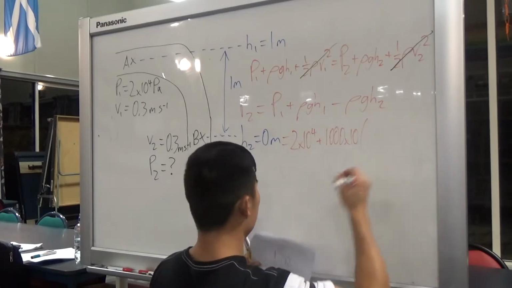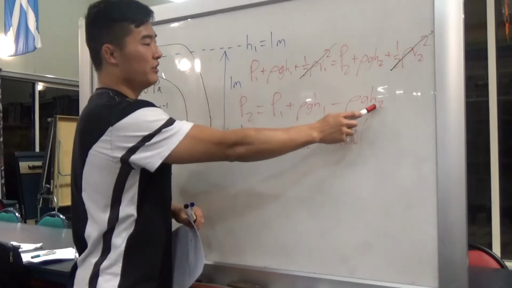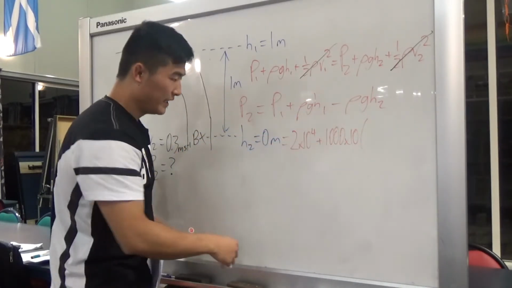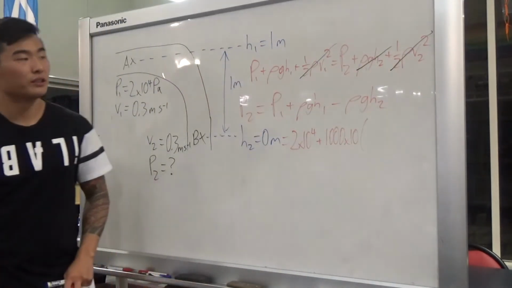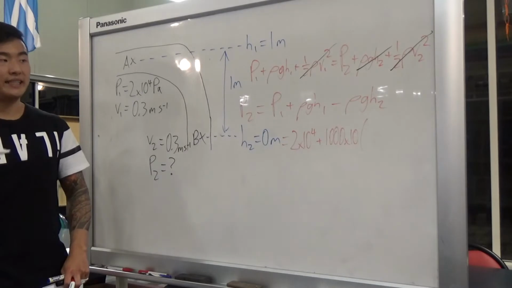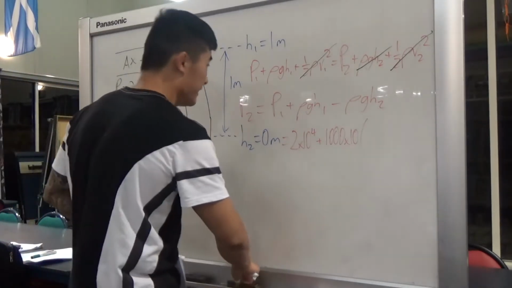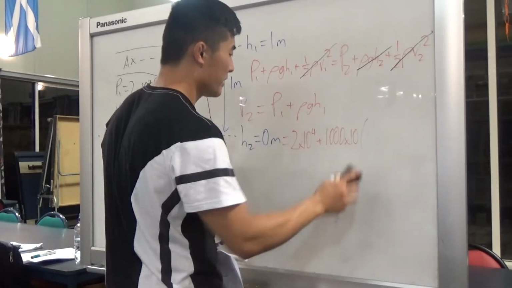Oh sorry, what I forgot to say is that because H2 is 0, anything multiplied by 0 is 0. So here we can also cross out rho GH2, because density times gravity times height 2 equals 0. So we don't need that rho GH2, so I'll take that out of here.